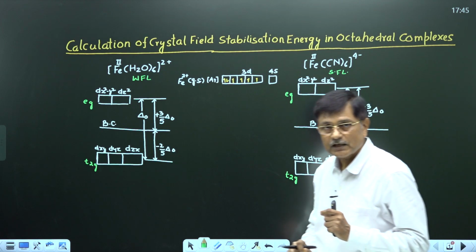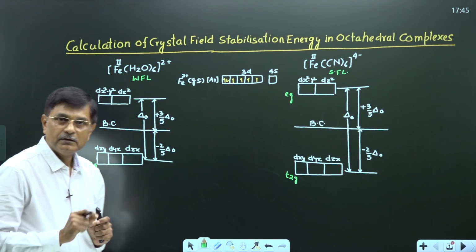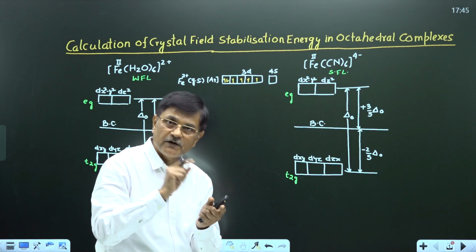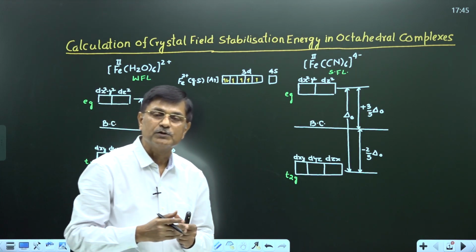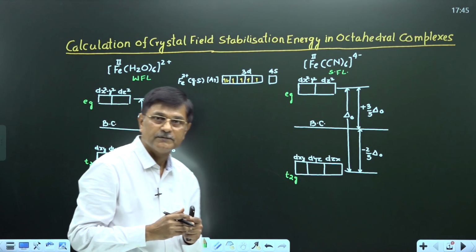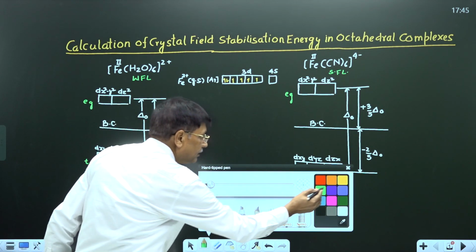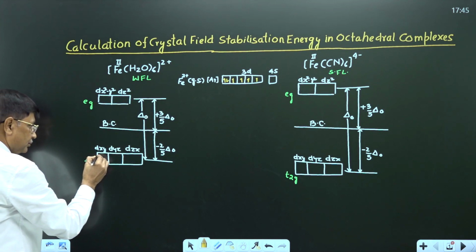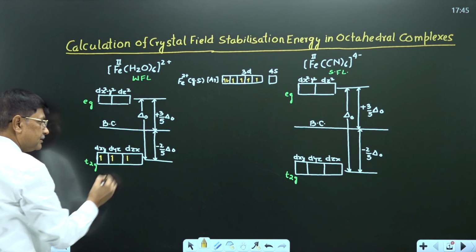Now students, after splitting, d orbital electrons are reshuffled into these split orbitals by following Aufbau, Hund's and Pauli's exclusion principle. So students, let us fill electrons. First, second and third.